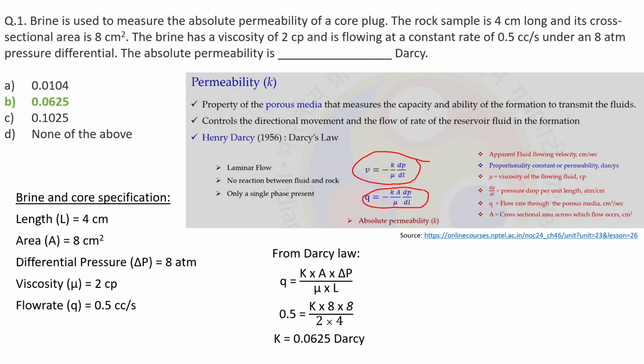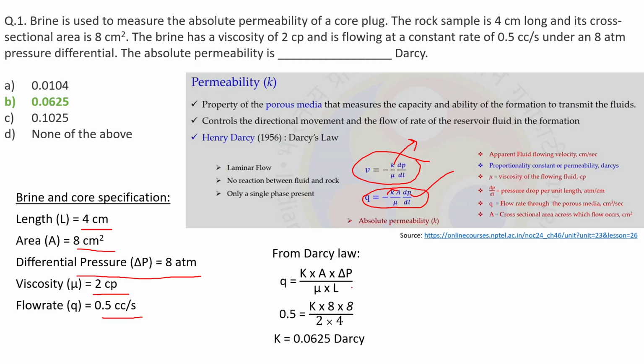So here in the question, they have given the brine and core specification as the length is 4 centimeter, area is 8 centimeter square, the differential pressure is 8 atm, viscosity 2 centipoise, and flow rate 0.5 cc per second. So most of these terms are given and they are asking what is the absolute permeability. So absolute permeability is defined by this value K.